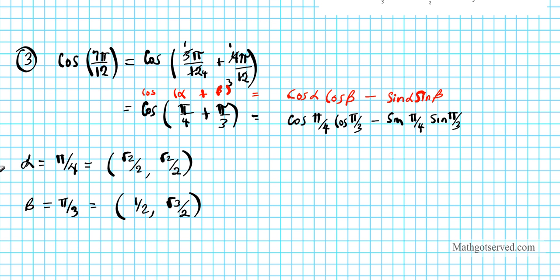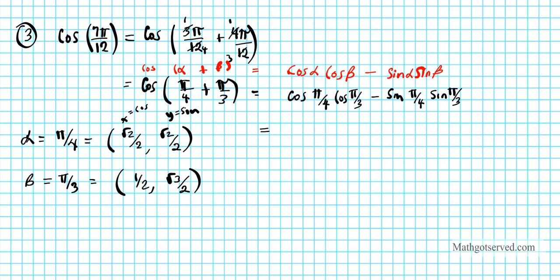All right, now let's go ahead and evaluate each. Remember, your x coordinate is your cosine, and your y coordinate is your sine. Do not forget that. Now we're going to apply that to this case. Cosine pi over 4 is the x coordinate of pi over 4, which is root 2 over 2. Cosine pi over 3 is the x coordinate of pi over 3, which is 1/2.